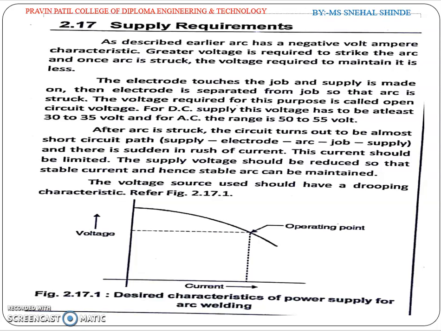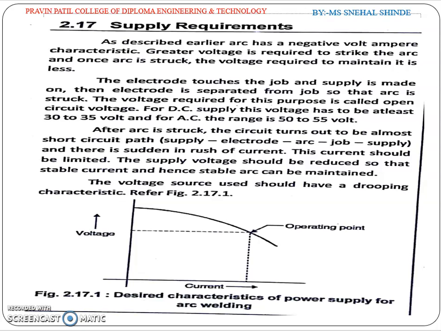After the arc is struck, the circuit turns out to be almost a short circuit path: supply, electrode, arc, job and supply, and there is a sudden rush of current.